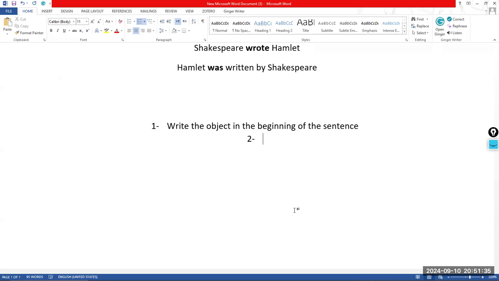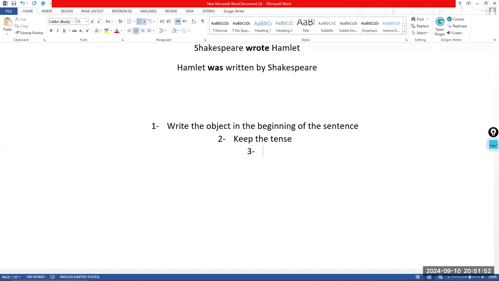Step number two, as I said, you don't have to change the tense. So keep or maintain the tense. If it is simple present, you have to write the passive in the simple present. Simple past, simple past. Present continuous, present continuous.